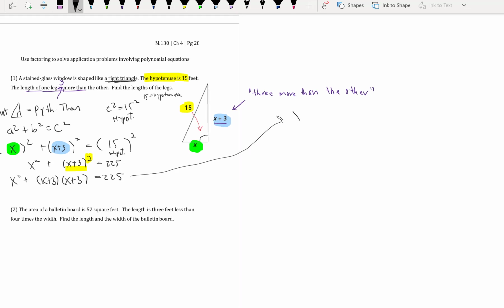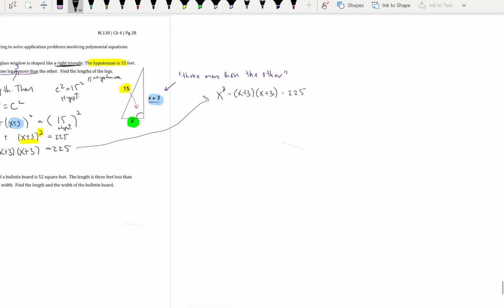I have my x squared plus (x plus 3) times (x plus 3) is equal to my 225. Now that I've rewritten it over to the side, I just always like to have more scratch paper than not enough. It's just easier to not make a mistake.